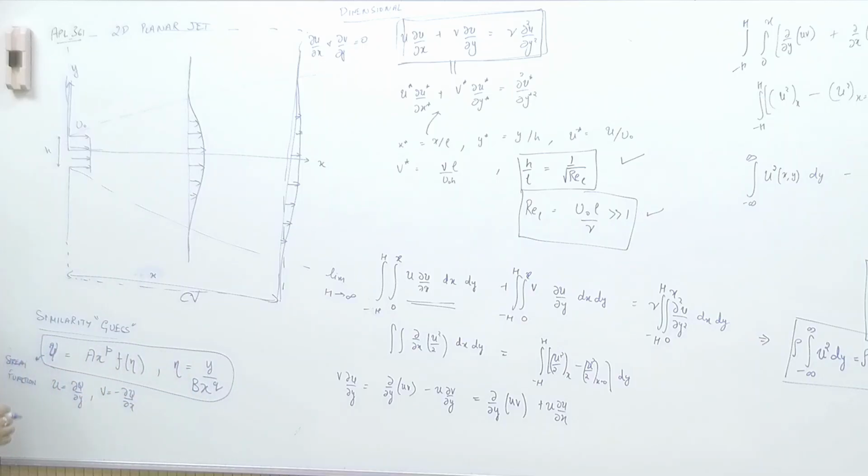Now where does this come from? It needs a lot of years of practice of applying similarity solutions to different equations, or if you take some advanced courses in PDEs, then you can learn how to use this trick. How did we come up with this kind of similarity guess?